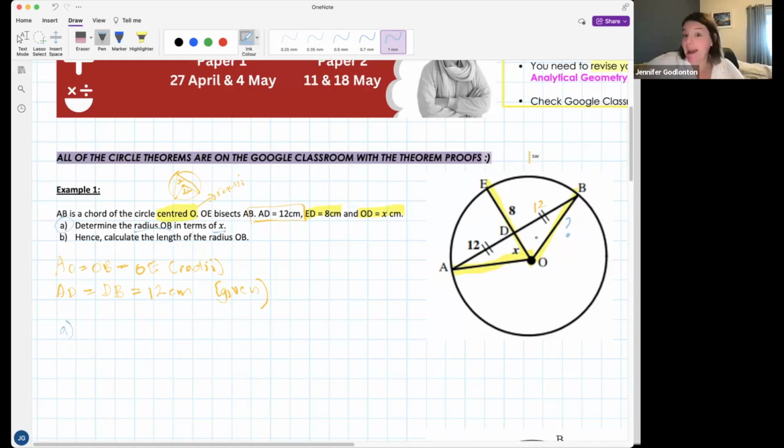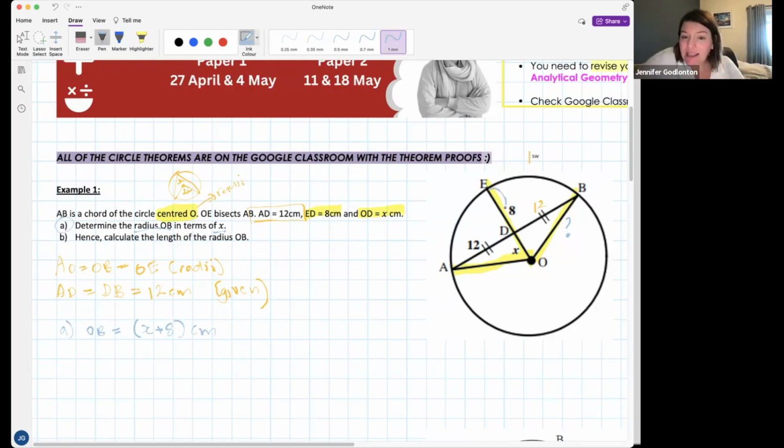The angle is going to be 90 degrees, but that's not the length of the side. Ah, here we go. 8 plus x. There we go. Nice. So absolutely. OB is going to be equal to, and I'm just going to write it in brackets, (x plus 8) centimeters. I'm putting it in brackets because it'll help us in the second part of the question. Now, why is it x plus 8?